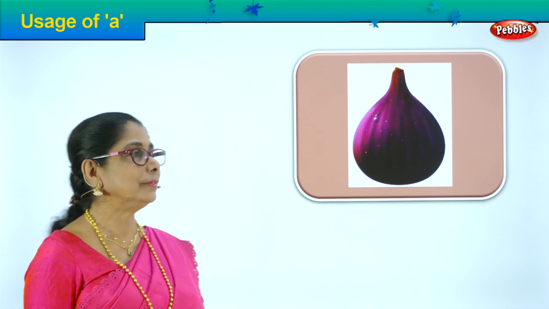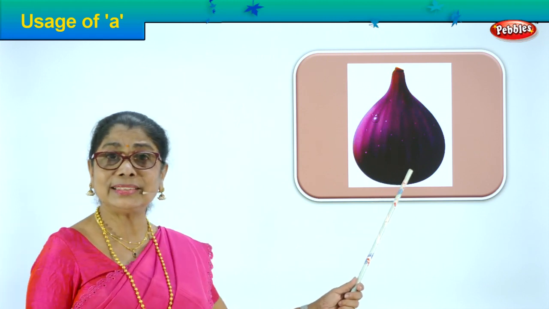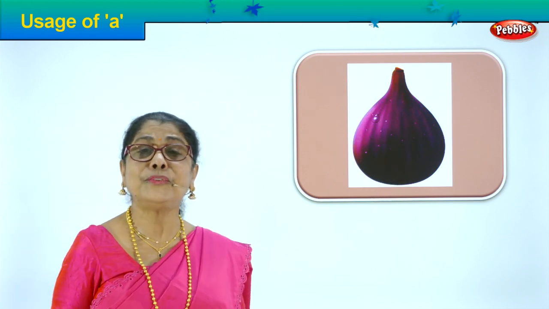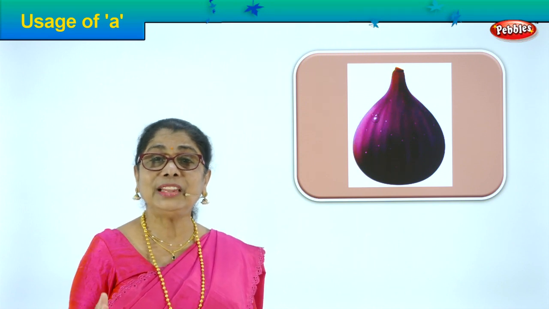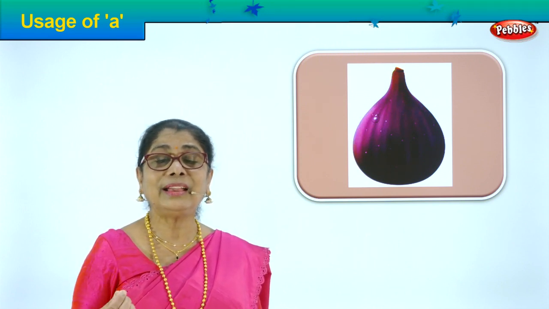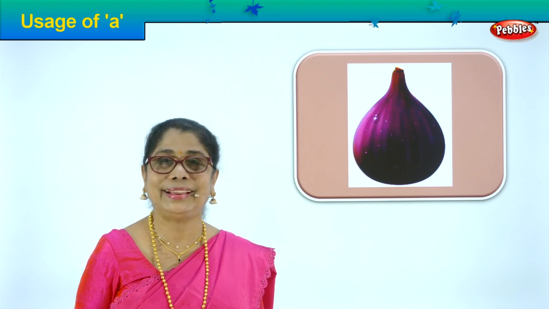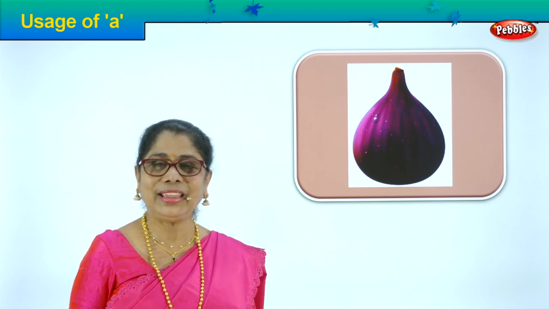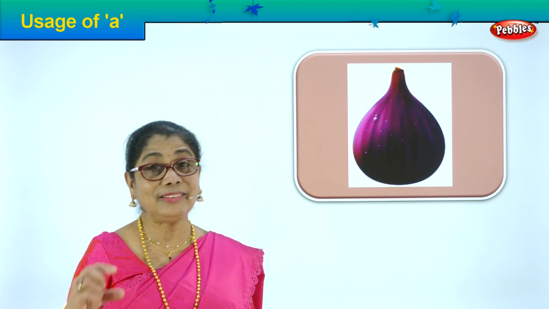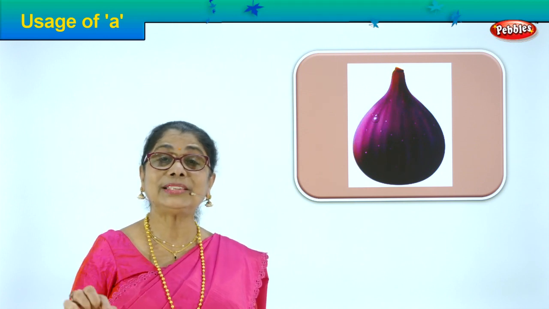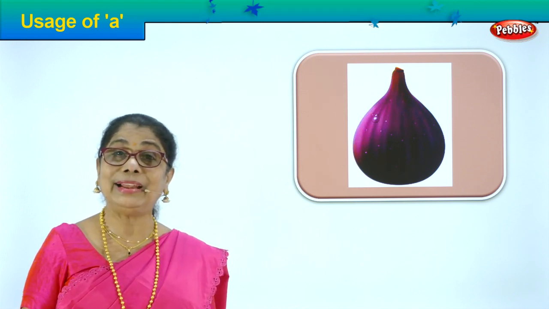Look what we have. What is this? A fig, a fruit. A lovely little juicy, grainy fruit. Have you eaten a fig? There are fresh ones and dry ones too. The dry one looks like a circle with a hole in the middle.